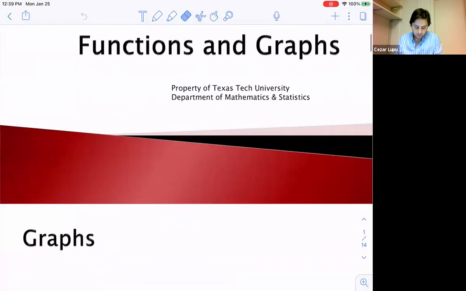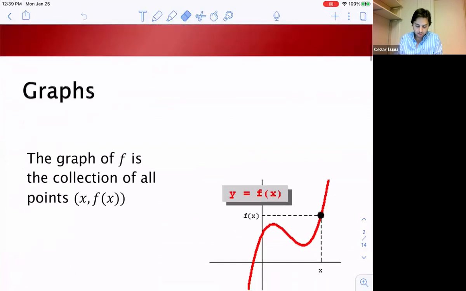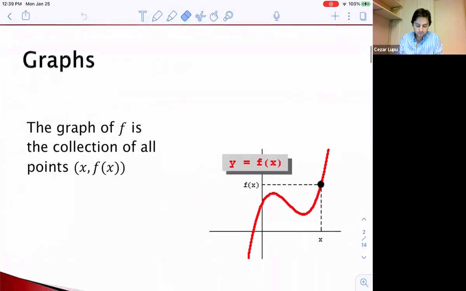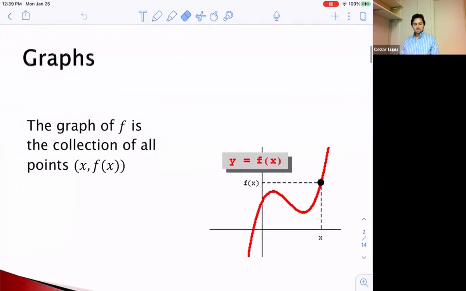But in today's lecture, I would like to go over some very basic material about functions and graphs. And let me start with graphs. So what is a graph? I want you to look at this picture a bit, and now maybe I'll write over the slide. You see, the graph of f is a collection of all points of coordinates x, f of x, right?